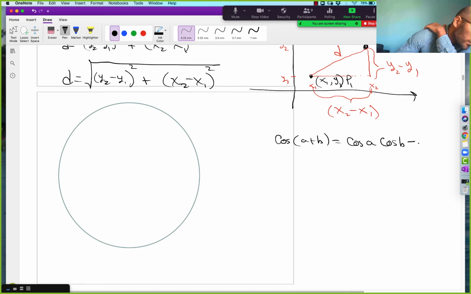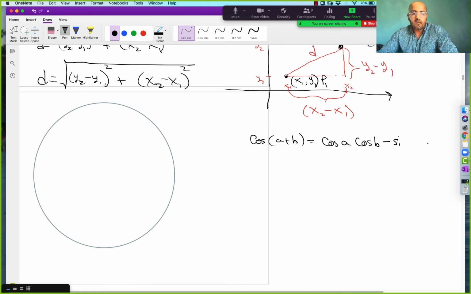Minus sine A sine B. Cosine this minus sine this.